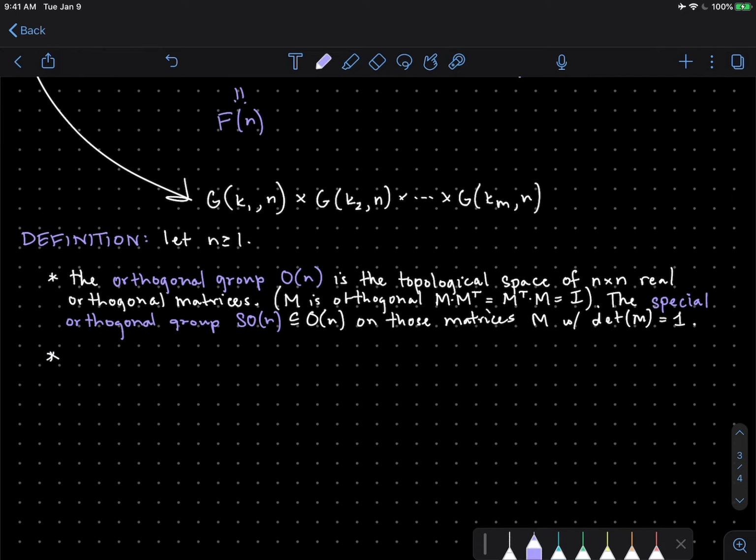Next up, we do the same thing, but over the complex numbers.